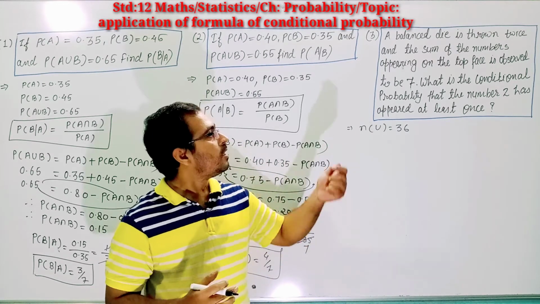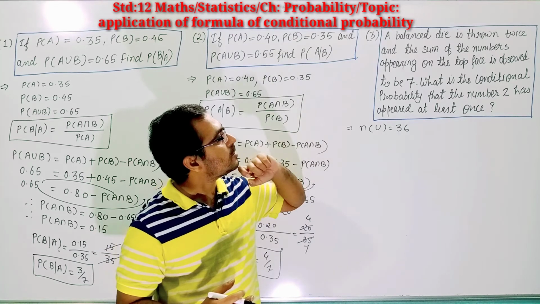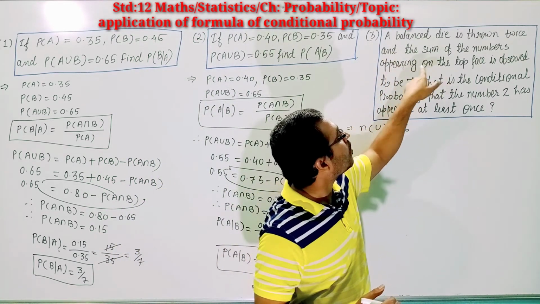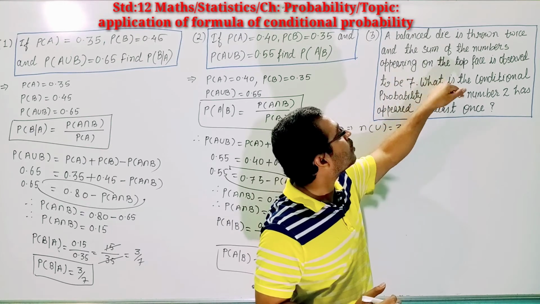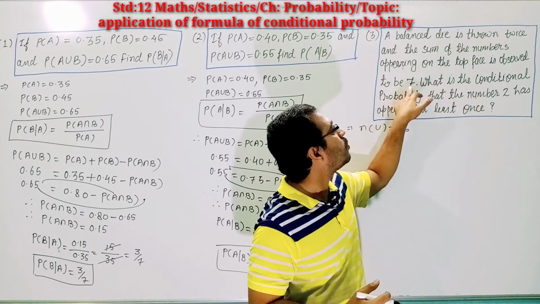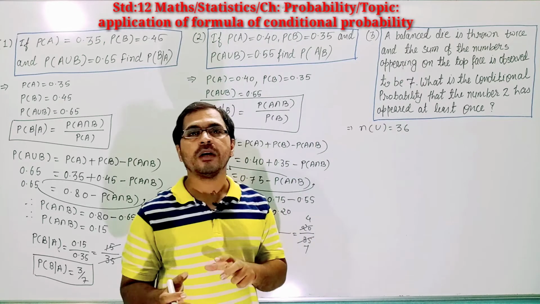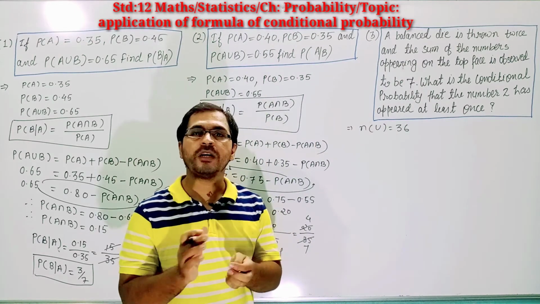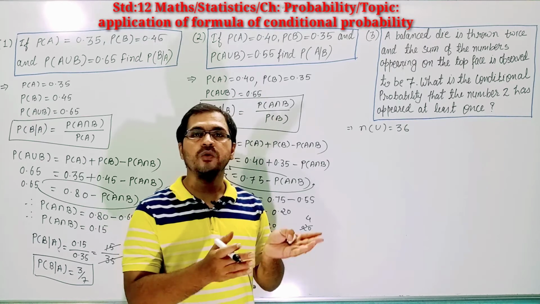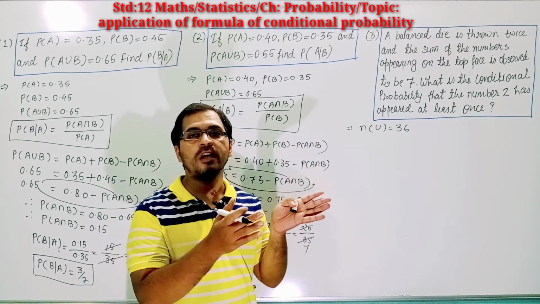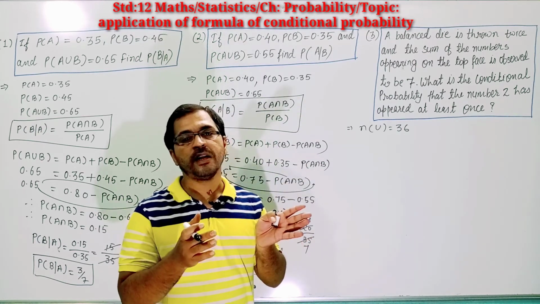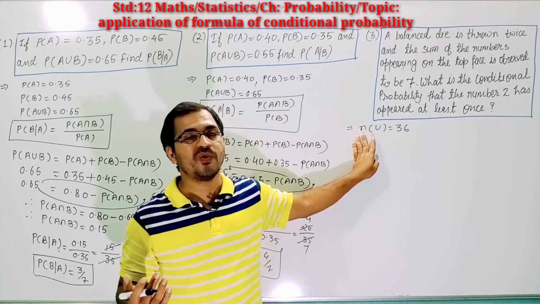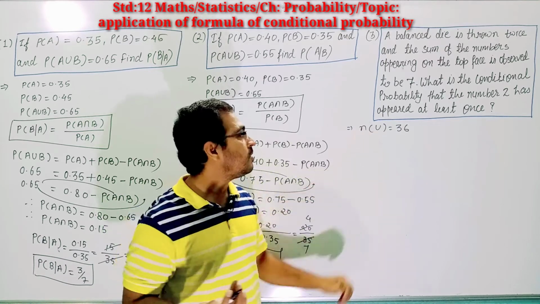Okay students, as per the first condition, a balanced die is thrown and the sum of the numbers appearing on the top faces is observed to be 7. The sum of both the integers should be 7. We know that we are getting the pairs 1 2, 1 3, 1 4, 1 5, 1 6, and similarly up to 36 such ordered pairs.